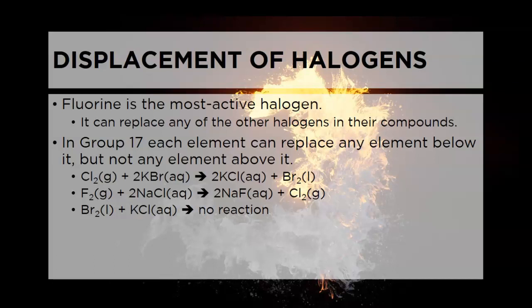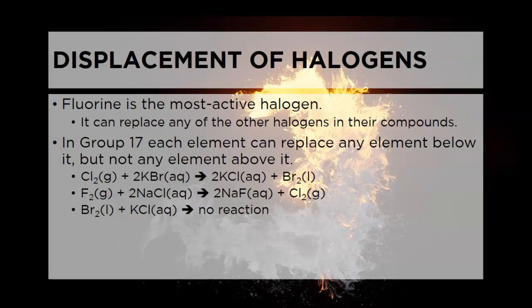So now bromine's left to fend for itself. The second reaction, fluorine comes along, replaces the chlorine, and now you have NaF and chlorine. But notice that doesn't always happen. Obviously, if it always happened, then this would just go back to being this, right? And then this would go back to being this. There has to be a reason for the reaction to happen.